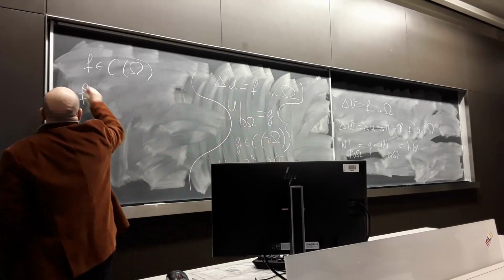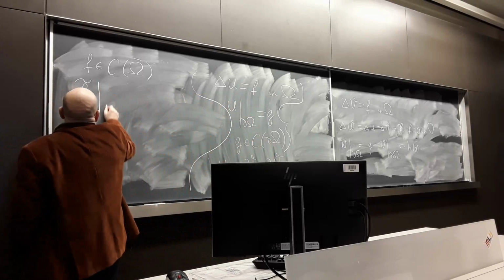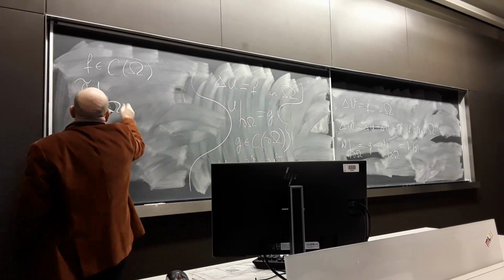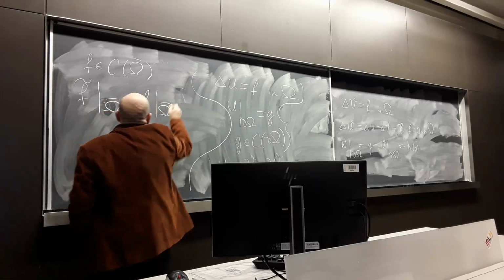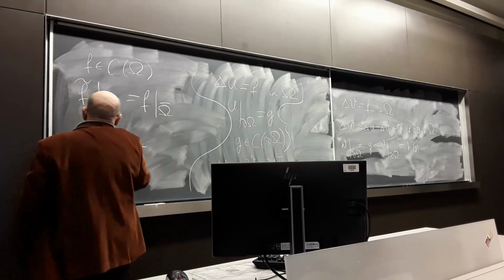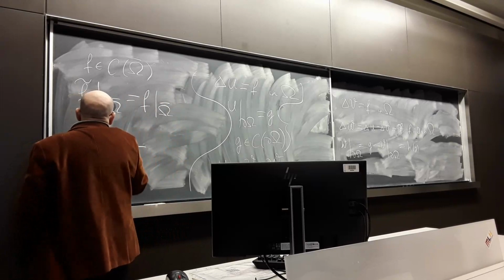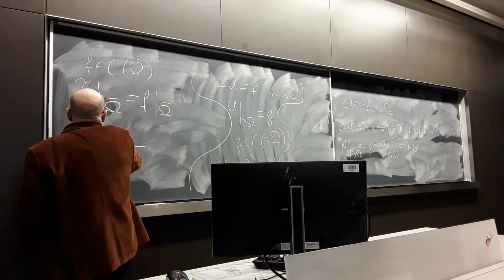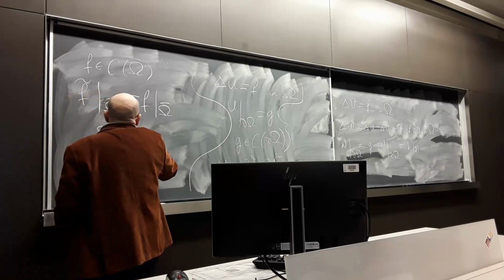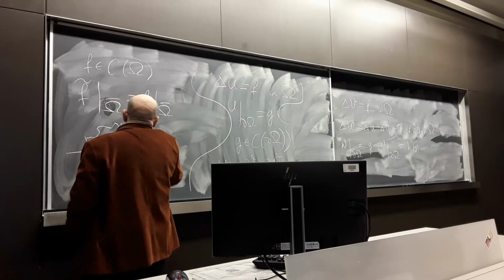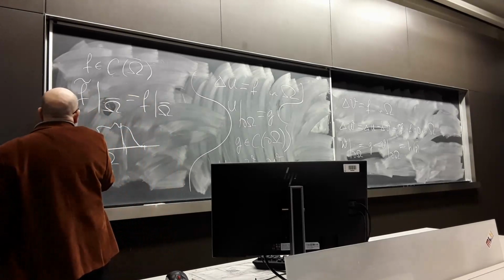So f tilde equals f on omega bar. So this is, say, omega. Here we have this function f. And now we continue this function and make it a function with compact support.